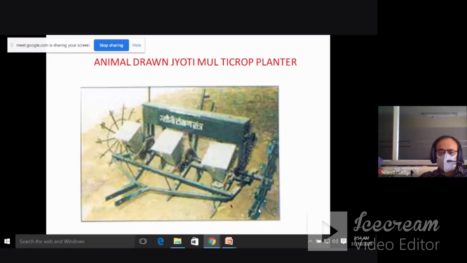They are called driving wheels, or transport wheels, where it is bullock drawn. These boxes are for seed dropping. These are seed boxes. Three seed boxes are there, and this is the fertilizer box.